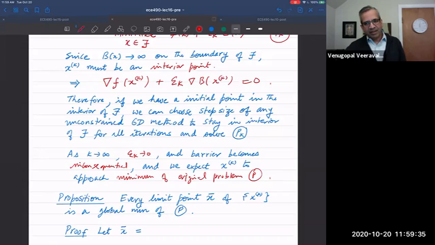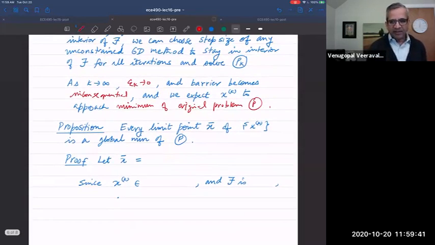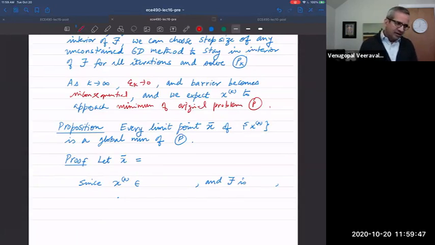So that's the barrier method. Barrier methods are also called interior point methods for that reason, because they allow you to only work with interior points for which your iterative procedures work well. But those interior points could end up eventually moving towards or getting very close to a boundary point if the boundary point actually turns out to be a minimum for the original problem.